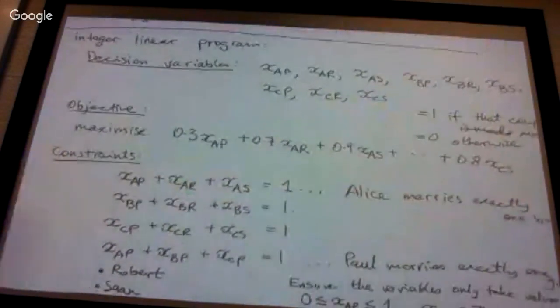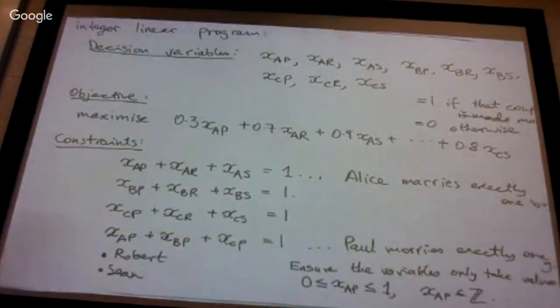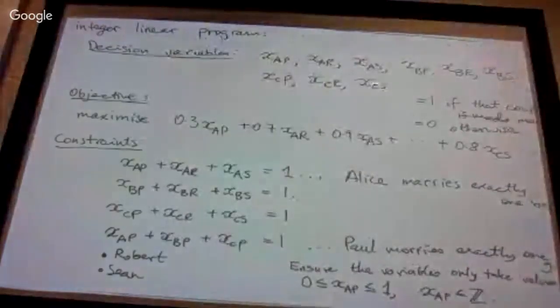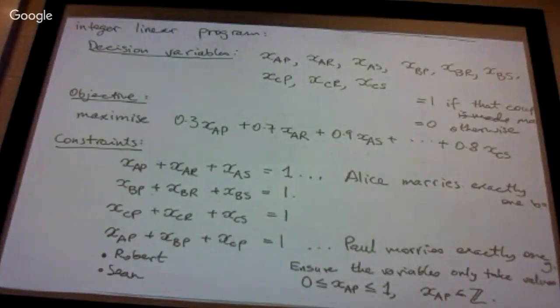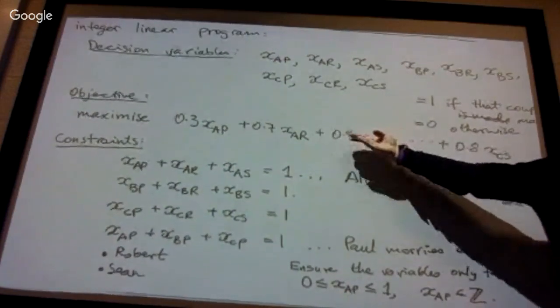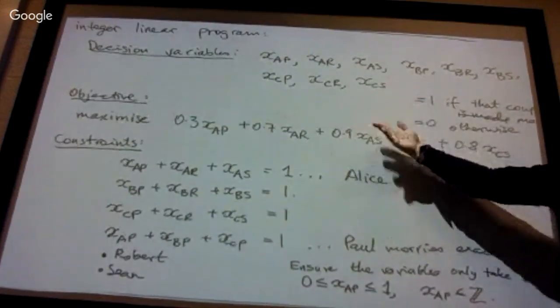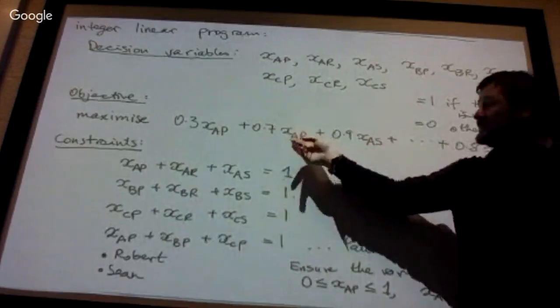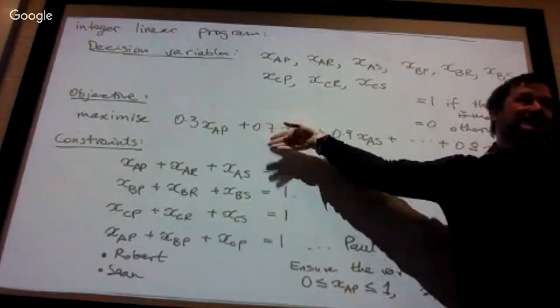We saw that yesterday. Your decision variables: there's one decision variable that can only be a 0 or a 1, so these are integer numbers, one for each possible couple. The objective function is just the sum of those. Wherever the couple is created, this variable will be 1 and its utility will count as positive. When it's not created, this variable will be 0 and it won't count.